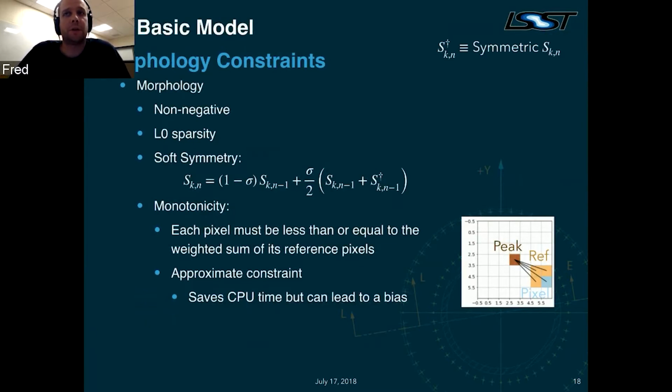Essentially what we do for each pixel is we look at all the pixels that are closer to the peak than the current pixel, take 3 reference pixels, and weight them based on the angle to the peak. And so we say we want the current pixel to have less flux than the weighted sum of those 3. It's a way to prevent these spiky fractal-like things that you can see when you have just a naive monotonic solution.